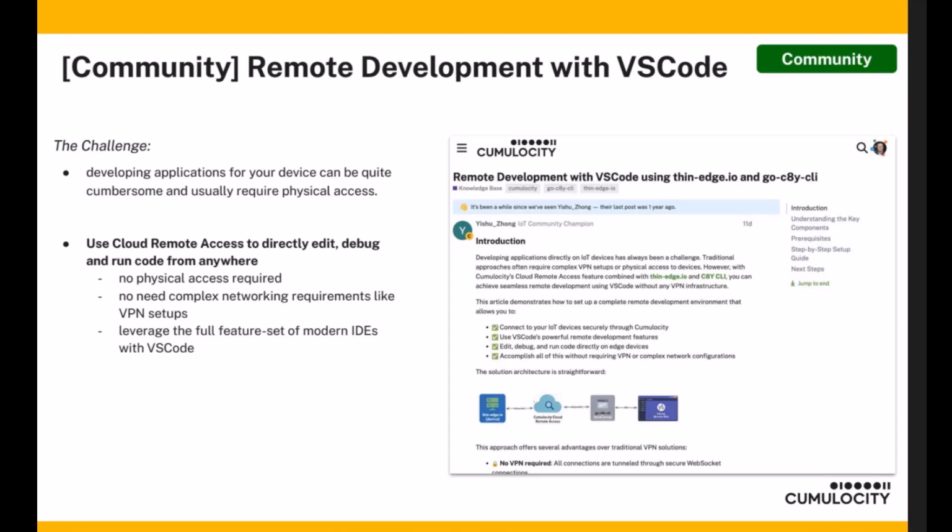So you can do application development without physical access and without requiring VPN infrastructure. But that's just one example. We are also working on various other articles in parallel. So stay tuned. It's always worth visiting the tech community and seeing what's new.